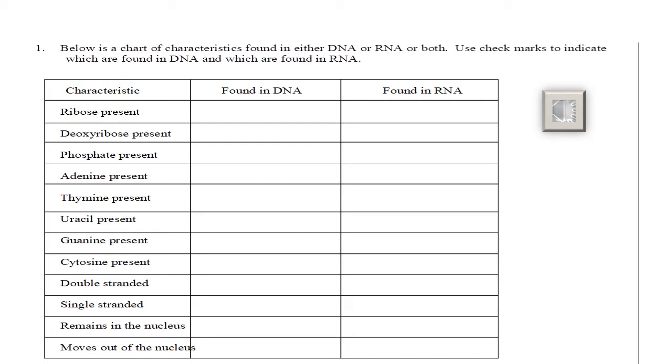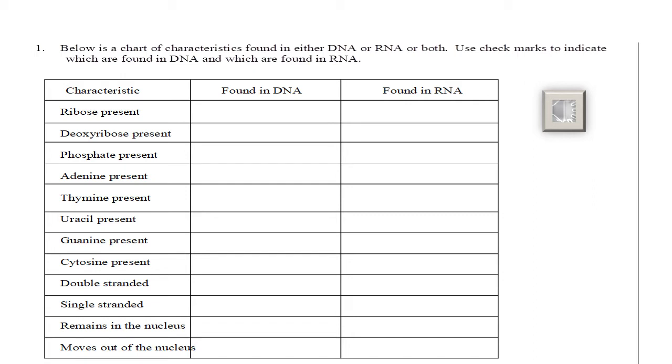Double-stranded. Which one is double-stranded? DNA, because it has 2 strands. Single-stranded. Which one is single-stranded? Yes, RNA, because it has only 1 strand. Which one remains in the nucleus?